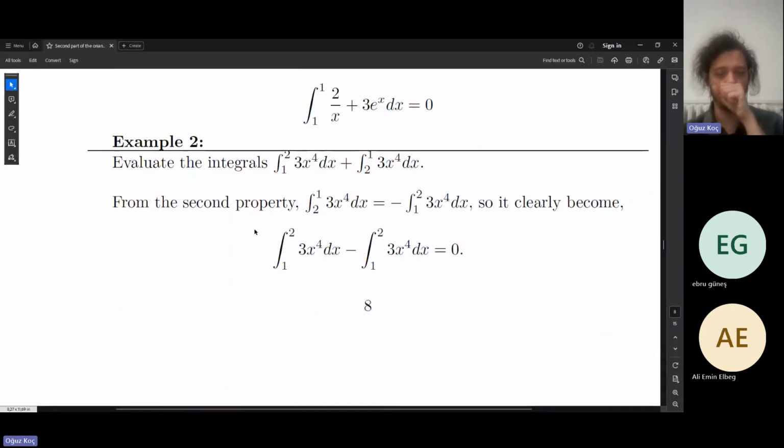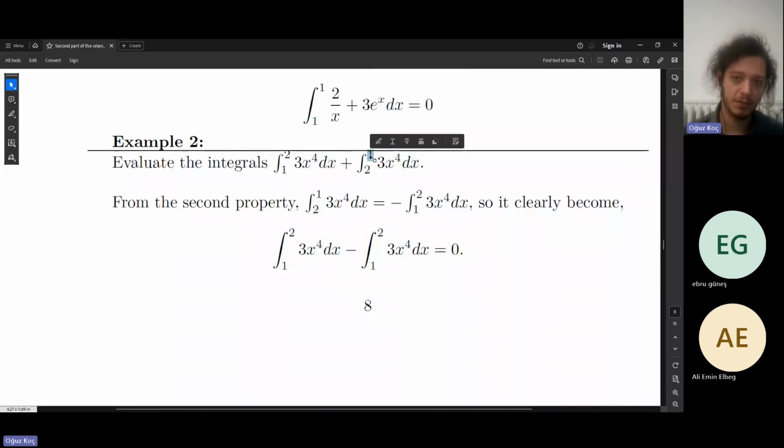And then we have the second example related to the second property. It was saying that we can change the borders, the limit points. We can reverse those values by changing the lower bound 2 with 1, and 1 becomes the lower bound, and changing the plus sign with the minus sign.